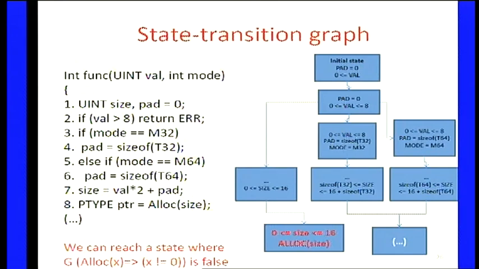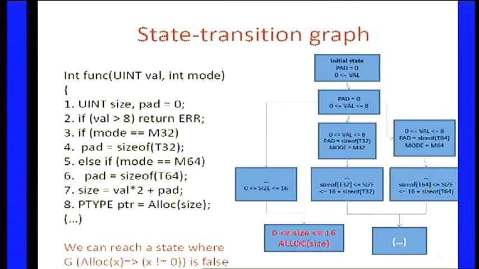This is not a true example, it's just for pedagogical purposes. If mode is not M32 or M64, then nothing happens to the pad variable, so it stays 0. And because the only constraint that you enforce on val is val bigger than 8, val could be 0 too. So val times 2 plus pad could be 0.